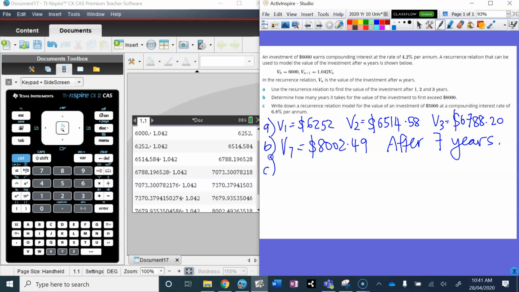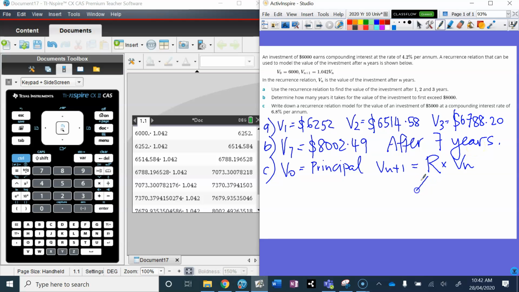And part C, I need to write down a recurrence relation that models an investment of $5,000 at a compounding interest rate of 6.8% per annum. So as we know, the general rule for writing a recurrence relation of this type, V0 is the principal, and Vn plus 1 is calculated by multiplying the R value by the current term.